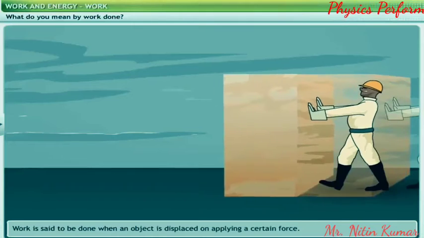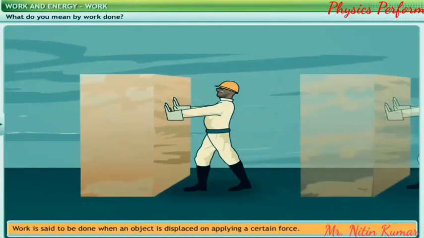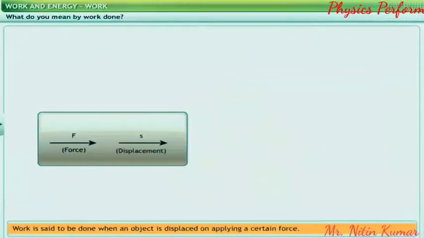So, let us now look at defining work. Work is said to be done when a certain amount of force is applied on an object. This force displaces the object through a certain distance s in the direction of the force. Scenarios involving work may be of two types. The first is where the force is acting in the direction of displacement.